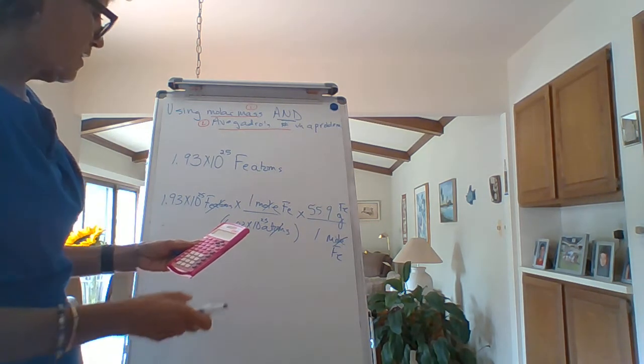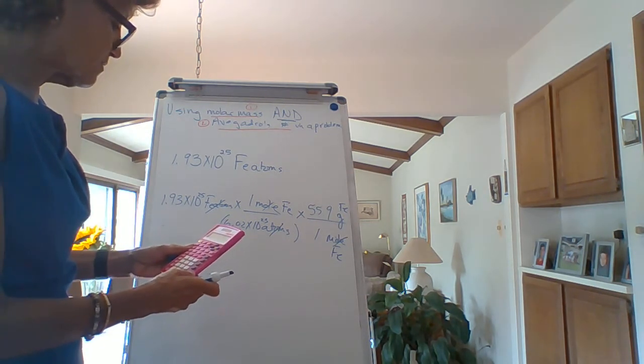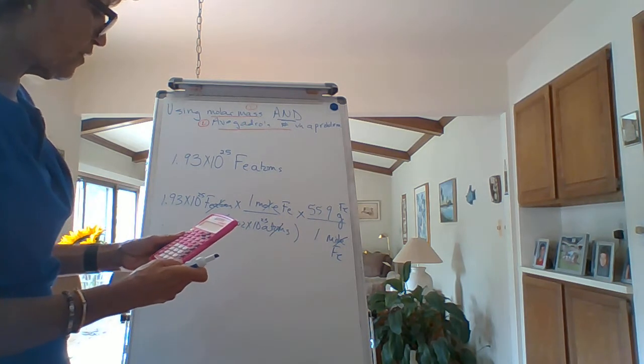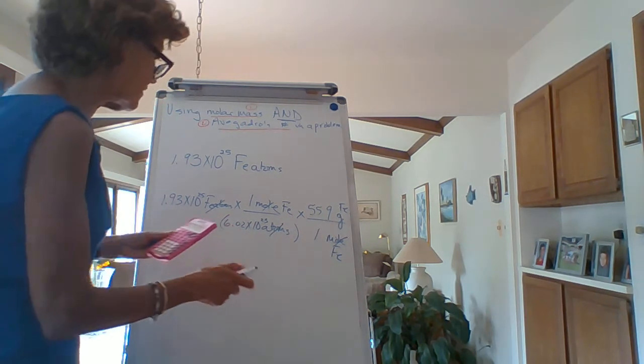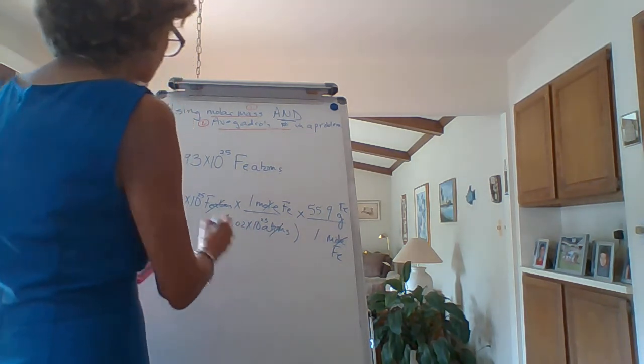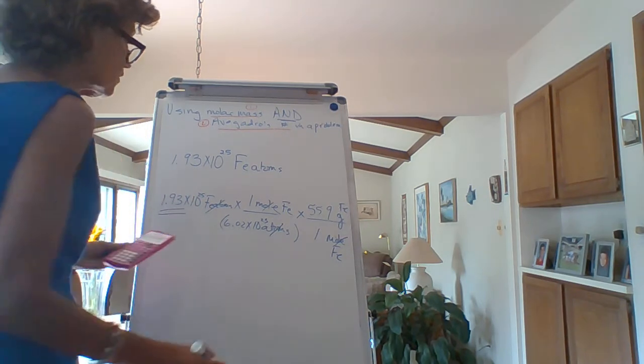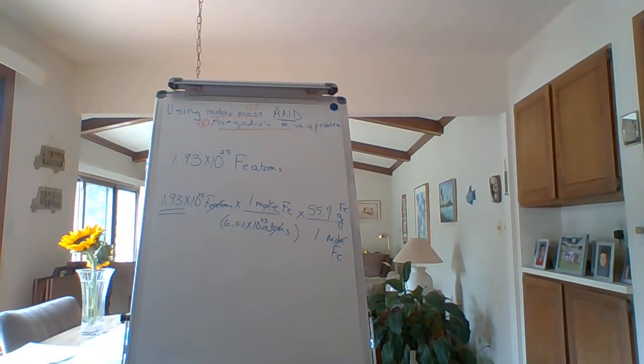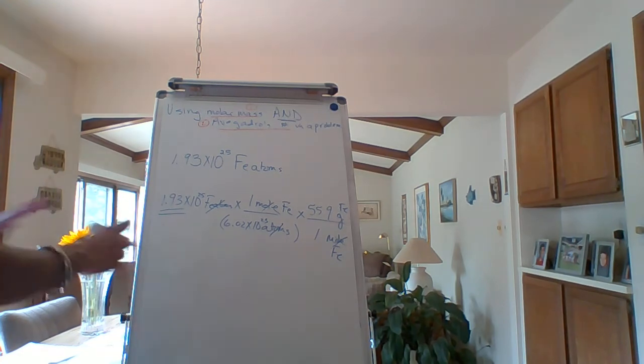Okay, I have a number, 1,792.142857. Now, I need only 3 sig figs. So the only way to do this, okay, let me get back to you guys. I'm going to stop here and I will finish it up later.